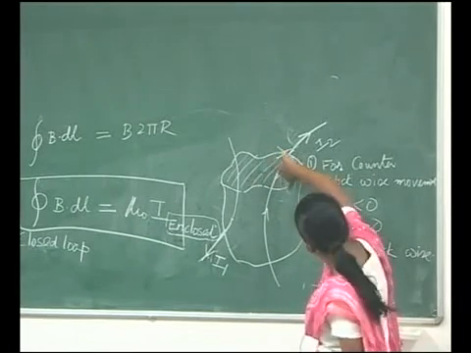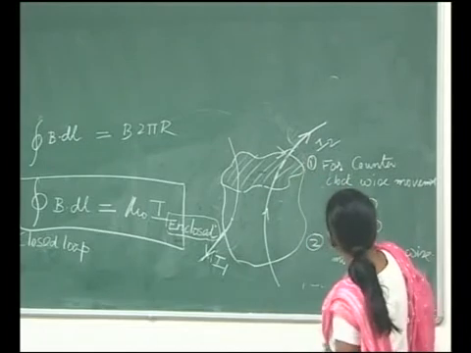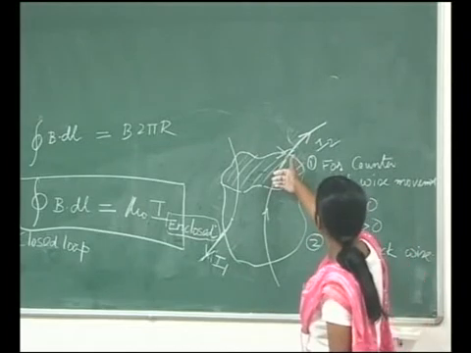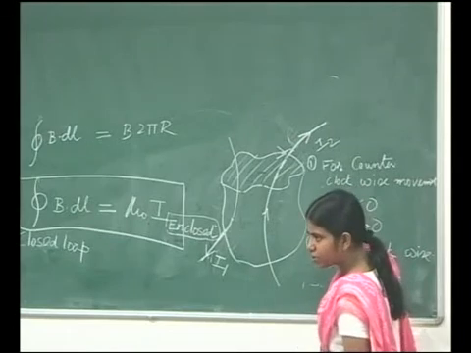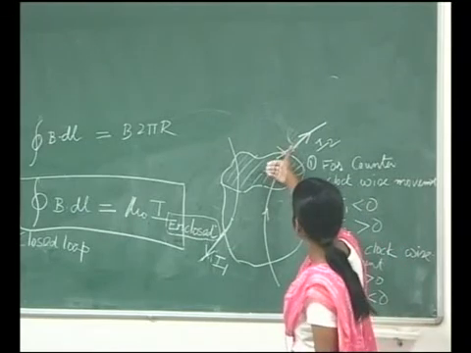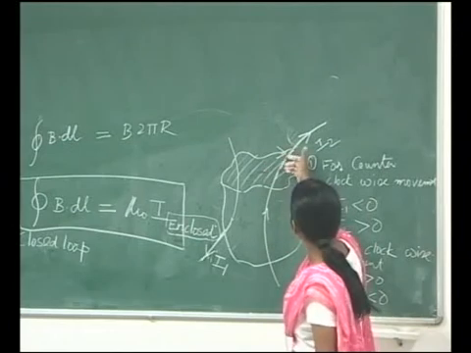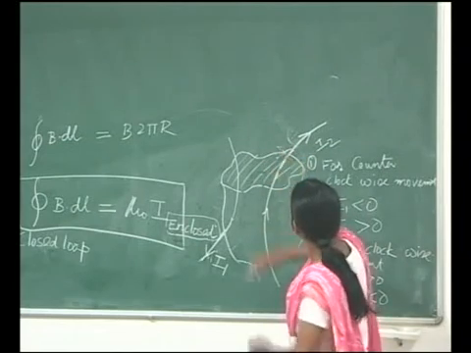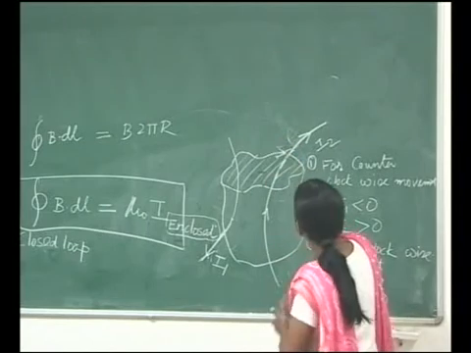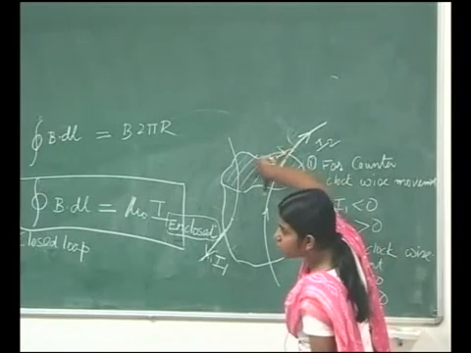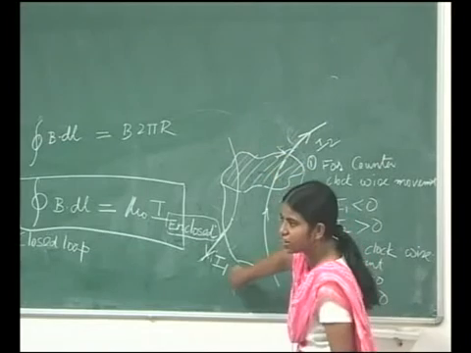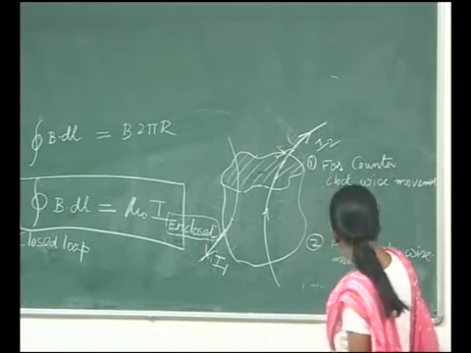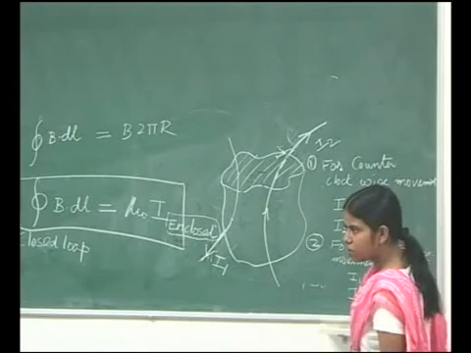So I1 is less than 0 in this case. The cases got flipped. When you are moving like this, along the direction of the magnetic field, then the current which is downwards is positive. I1 is positive, it is right. Where is the problem?